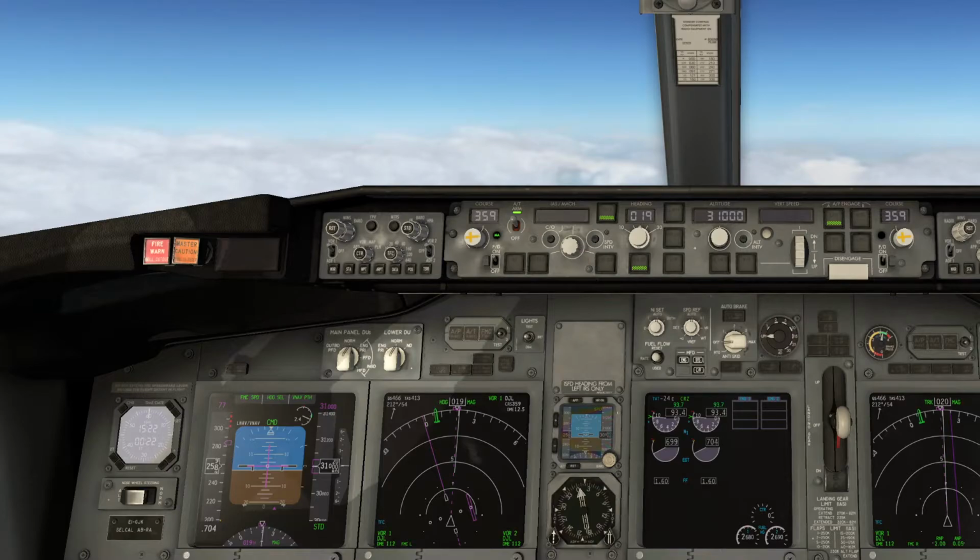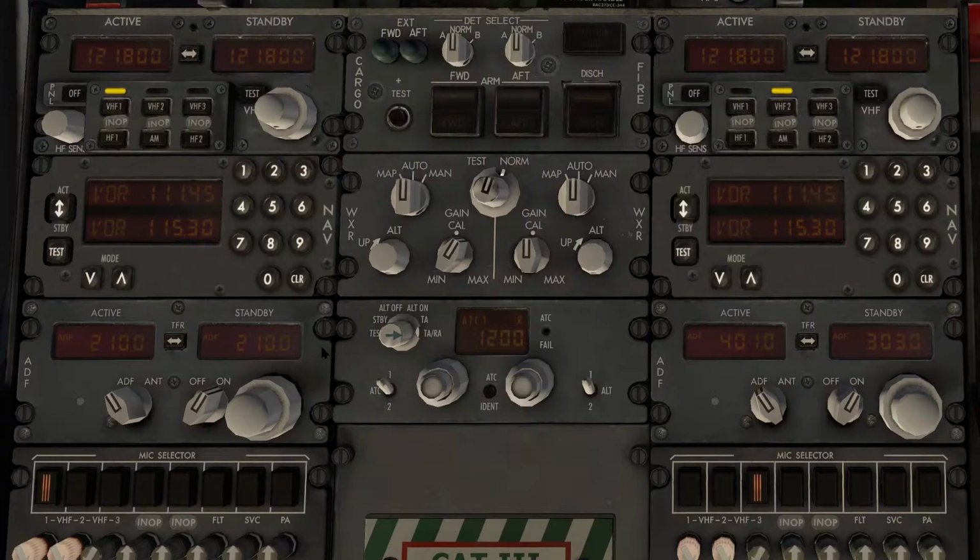So Boulogne will be at 73, so we will intercept the course to Dijon at 73 nautical miles. Next VOR after Dijon, we can already tune is Strasbourg 115.6, also in the standby.